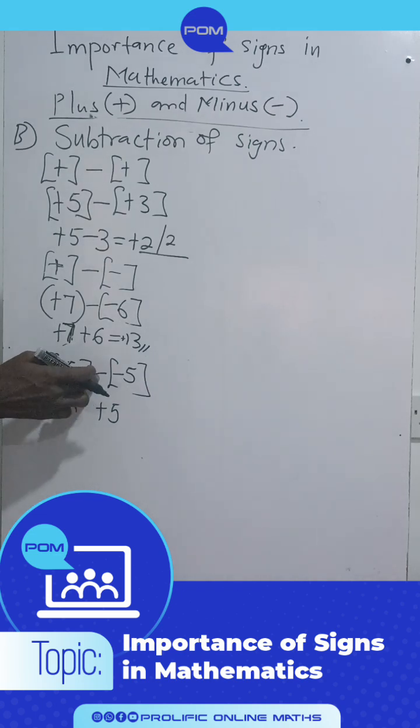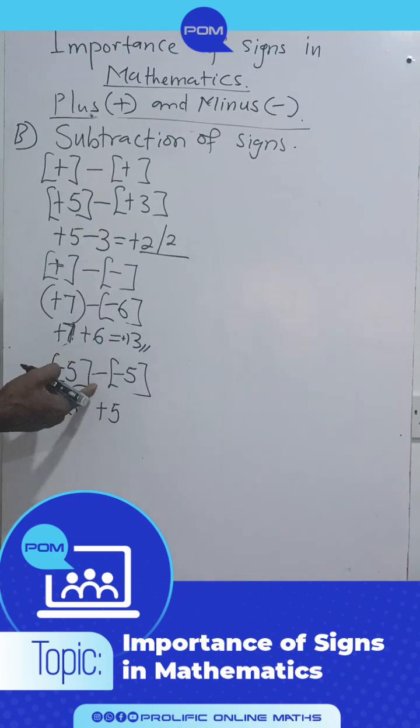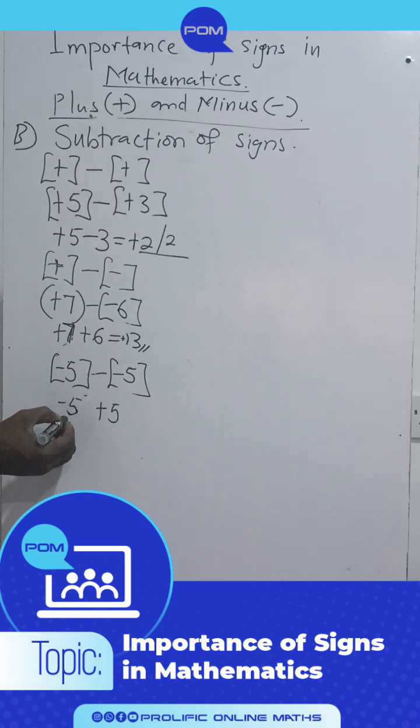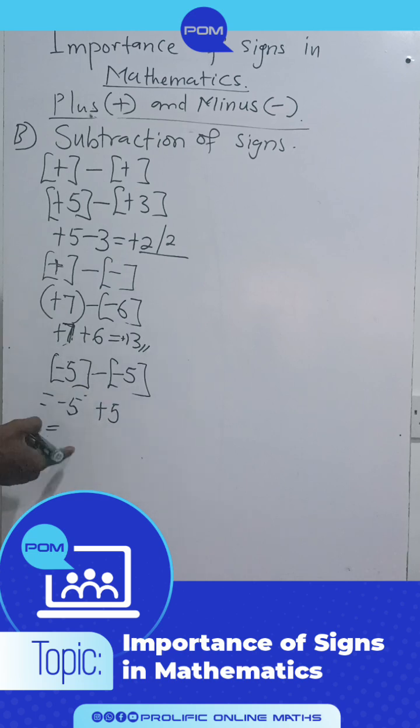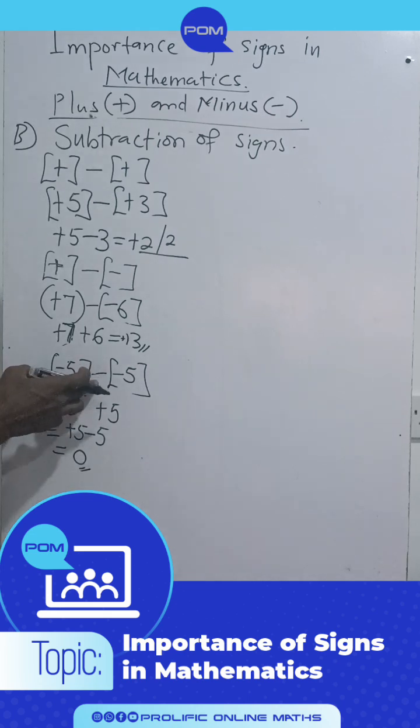So what this means is minus 5 plus 5, and we can also write this in this form, plus 5 minus 5. So plus 5 minus 5 will give us 0. That's what we get when we open this bracket with the negative sign.